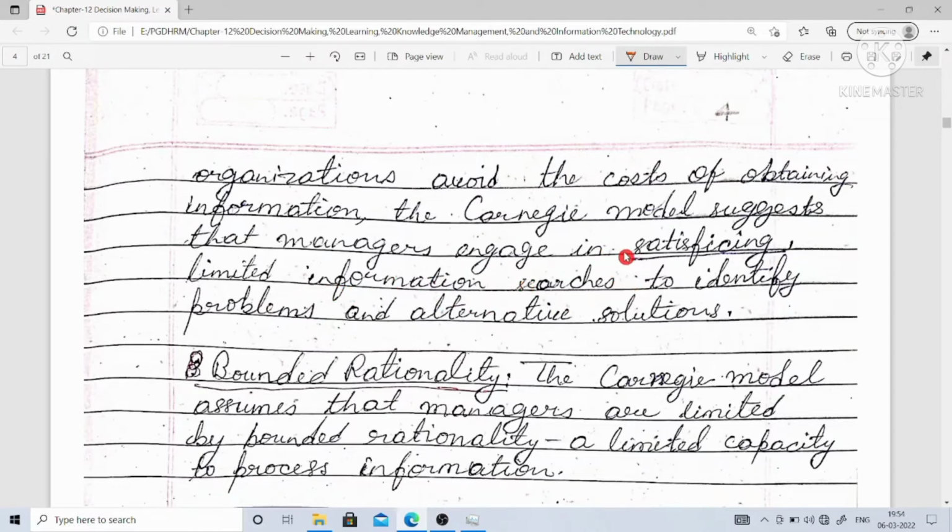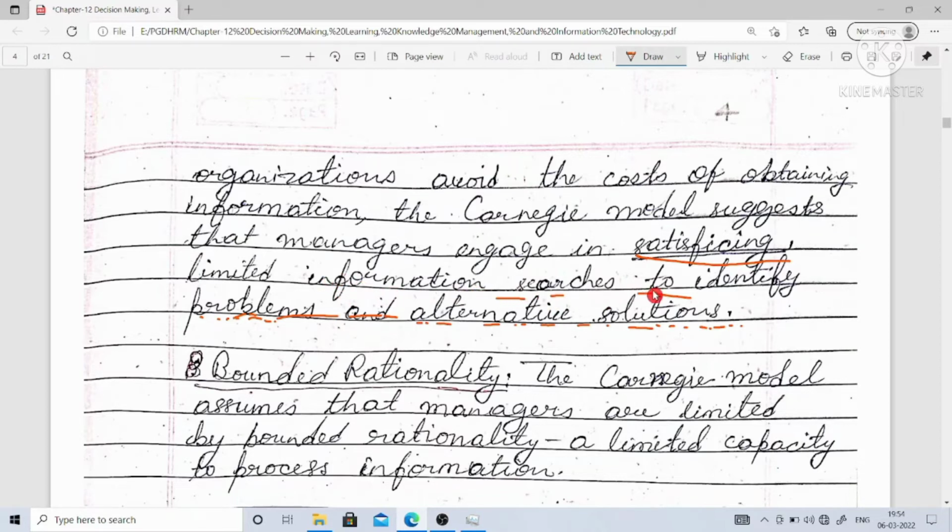It is not possible to search each and every type of information, because it would cost a lot and be impractical for the organization. So this model tells that organizations search for limited information.